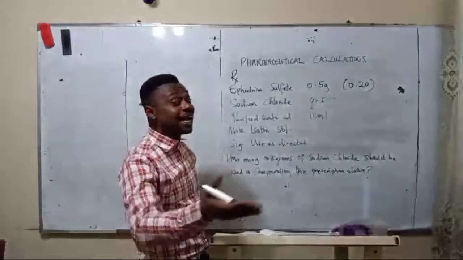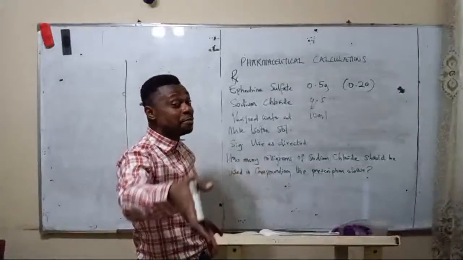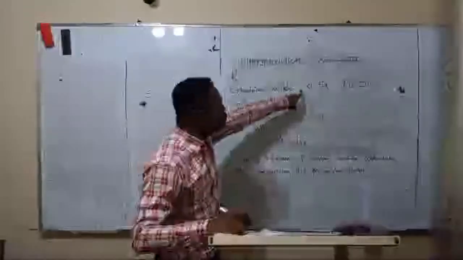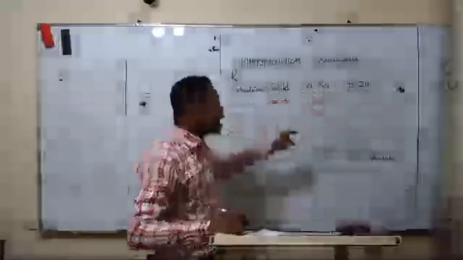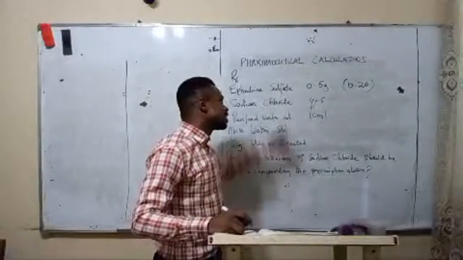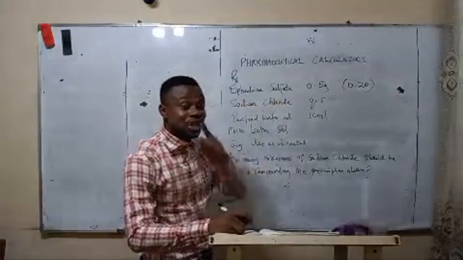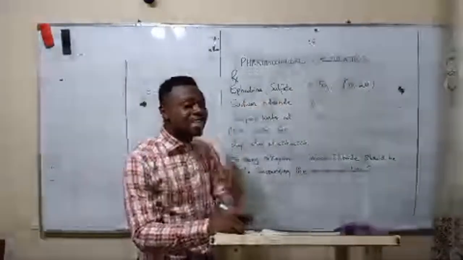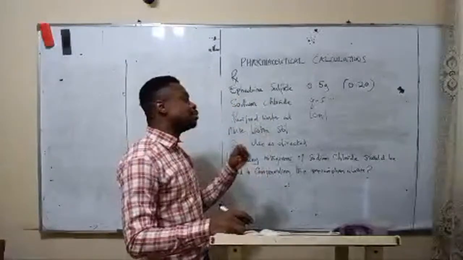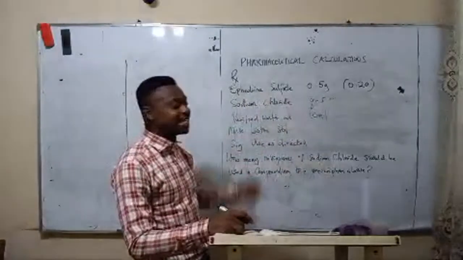Then ask yourself, if you bring this into sodium chloride and it doesn't give you 0.09 gram in 10 ml, that means this solution is hypotonic. That means you need to add sodium chloride to make it isotonic.